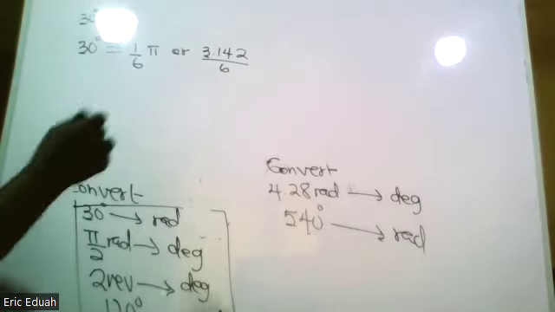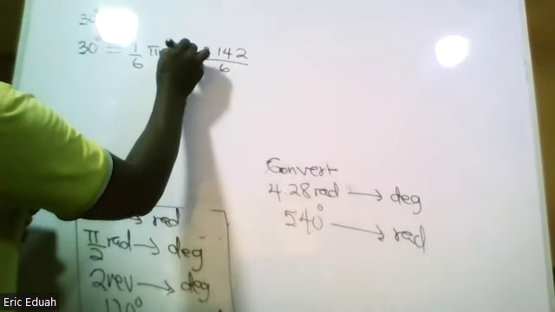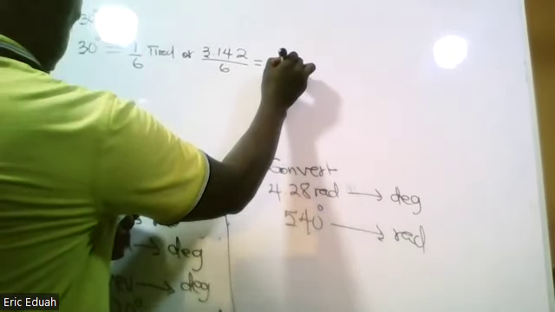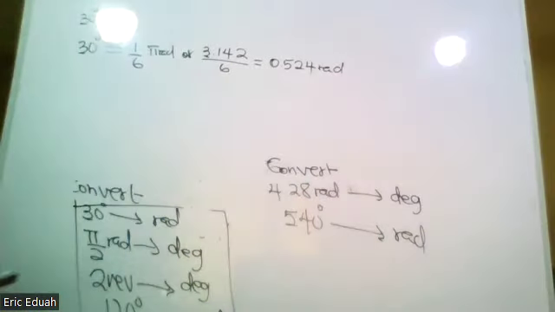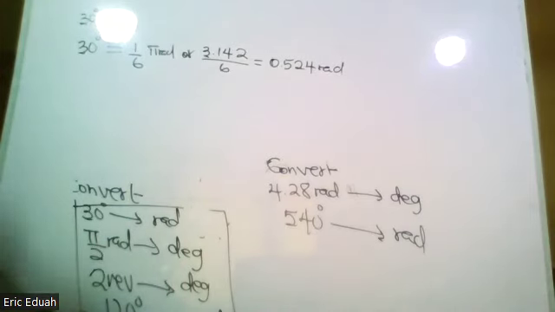So 0.524 radian. Please, did you get this? Okay, Herbert, you didn't get this. What did you get?